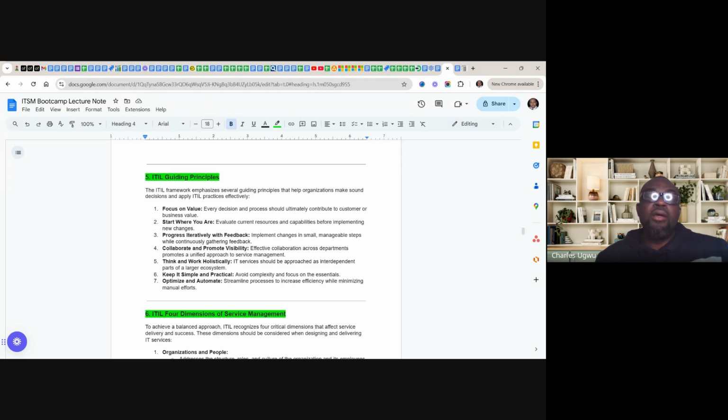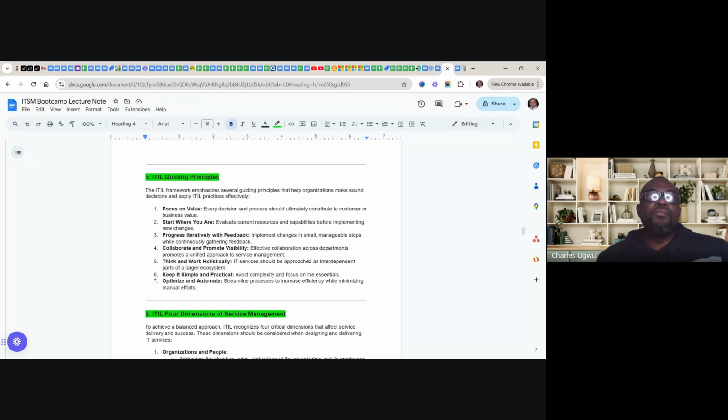Start where you are: evaluate the current resources and capability before implementing new changes. It means that you need to understand your current state. What are you doing at the moment? What do you have? Try to maximize the use of what you have before acquiring more resources.